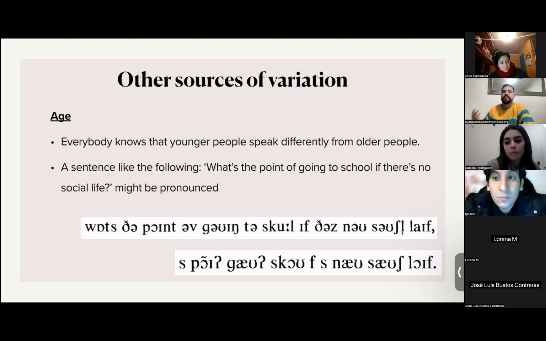Or if you listen to the Crown in general in the UK, they have a posh accent, because the intonation is very different. They go like, oh, I would like to do that, you know, like it peaks like that. So that is what we call a posh accent.